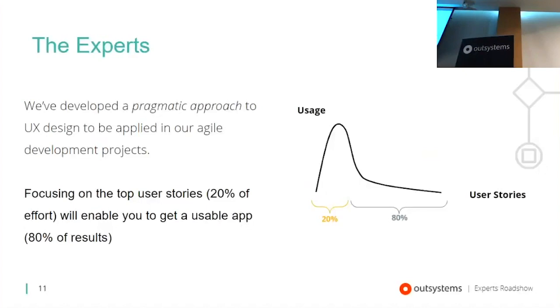We focus on the top 20% of the user stories that will give the 80% of the user experience to the customer. So in any application, there are certain parts that are going to be used by the majority of the users. And if you get that part right, then the overall experience will be good. And that is what we try to do in the pragmatic approach.